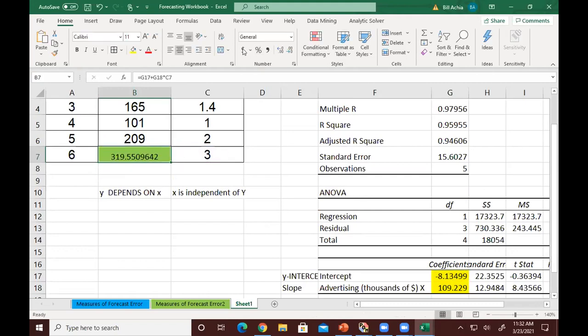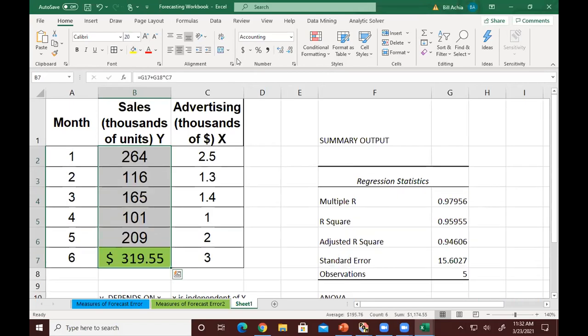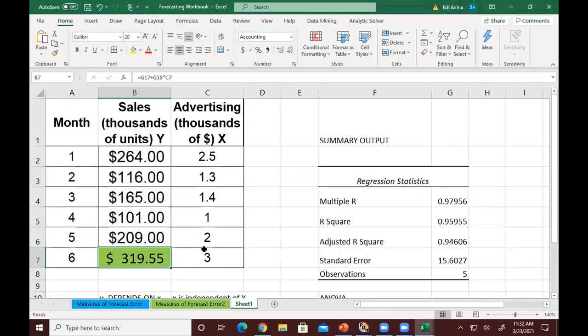And so we come up with a solution. Mine is shown here as 319. That tells me if we increase our advertising spend, we should expect to receive some corresponding amount of sales. And you can always visualize this on a graph.